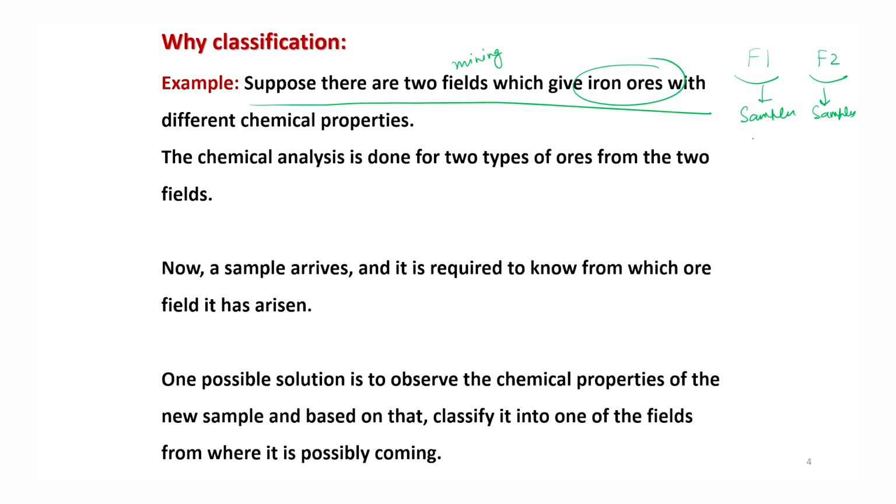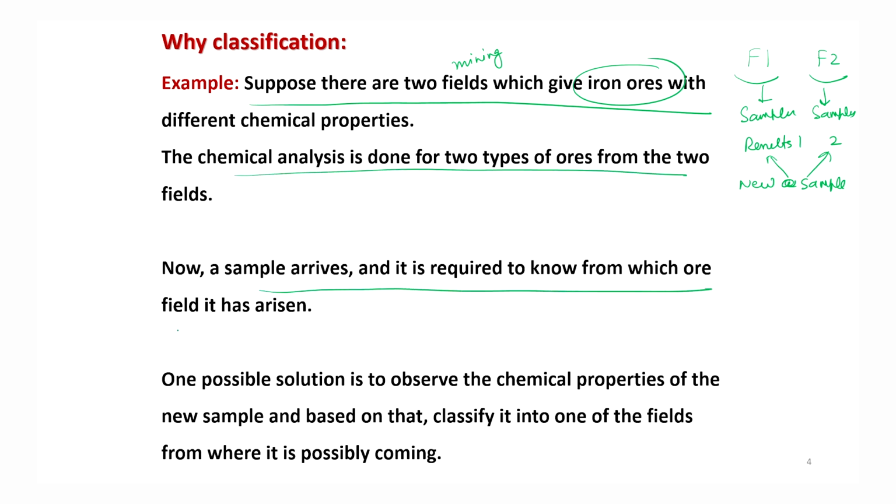Then we have some results, say result 1 and result 2. Now a new sample arrives. This sample can belong to field F1 or field F2, and we want to know where this sample is arriving from, based on some criteria.